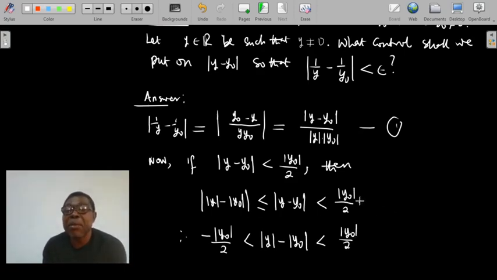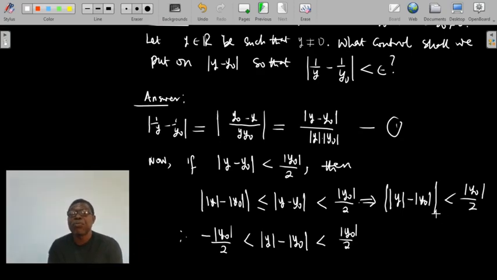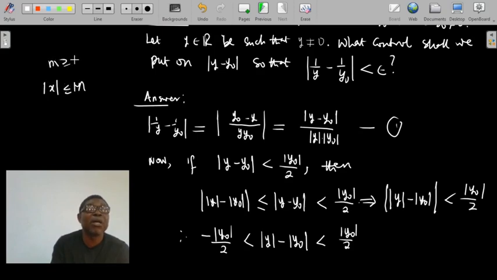This implies, remember, that the absolute value of absolute value of y minus absolute value of y naught will be less than absolute value of y naught over 2. This is true. We observe that absolute value of y naught over 2 is a non-negative entity, greater or equal to 0. So this brings us to the form absolute value of x less or equal to m, where m is greater or equal to 0.